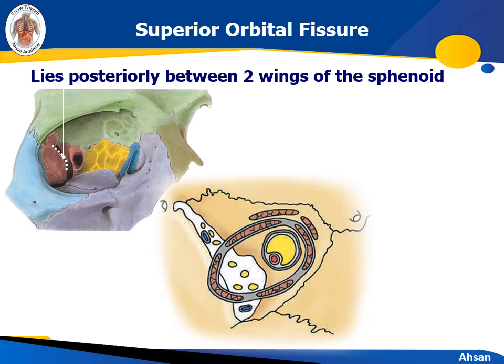This expresses the gross anatomy of the structures passing through the superior orbital fissure. One ring you can see that is formed by the tendon of the fused 4 extraocular muscles, and this ring includes the optic canal and part of the superior orbital fissure. So some structures pass through this.